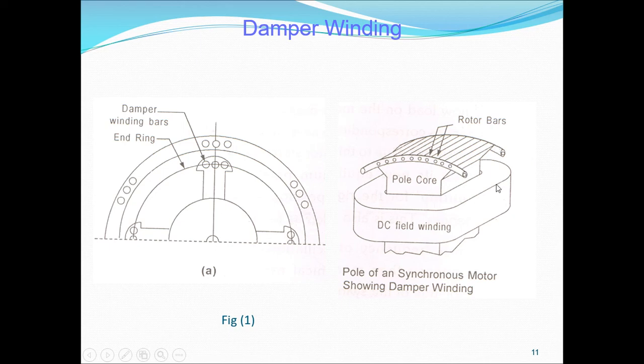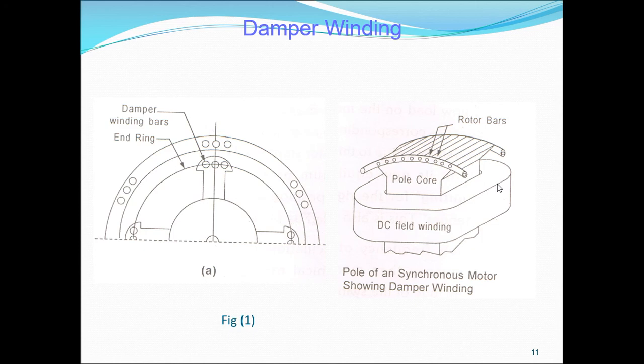So when hunting takes place, the oscillatory motion of the rotor sets up eddy currents in the damper winding, which flow in such a direction as to suppress the oscillations, and we have to maintain the damper winding resistance as low as possible to reduce the losses.